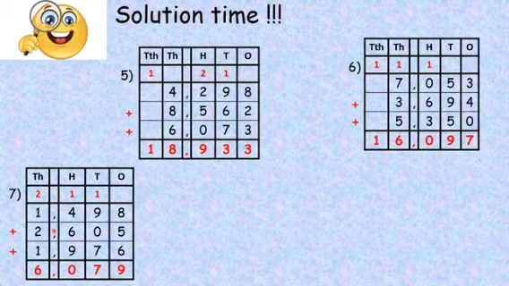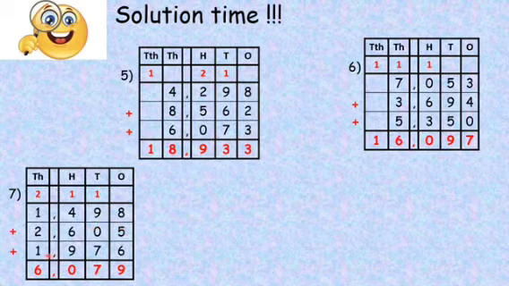Now seventh problem, we have 1498, 2605, 1976. All three numbers have to be added to each other.